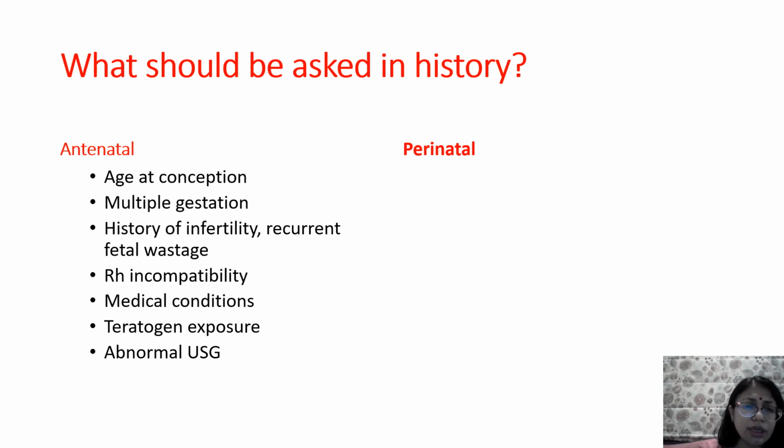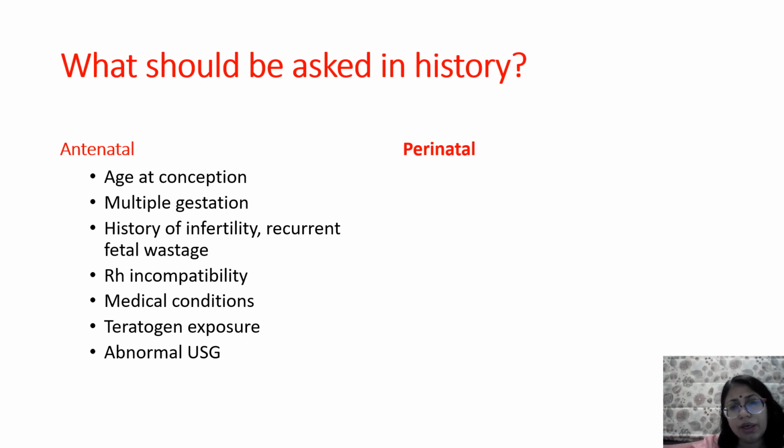Any underlying medical conditions like severe anemia or pregnancy-induced hypertension in the mother, then teratogen exposure, and whether an abnormal ultrasound has been documented, which may pick up some gross congenital malformations, especially the level 2 ultrasound.